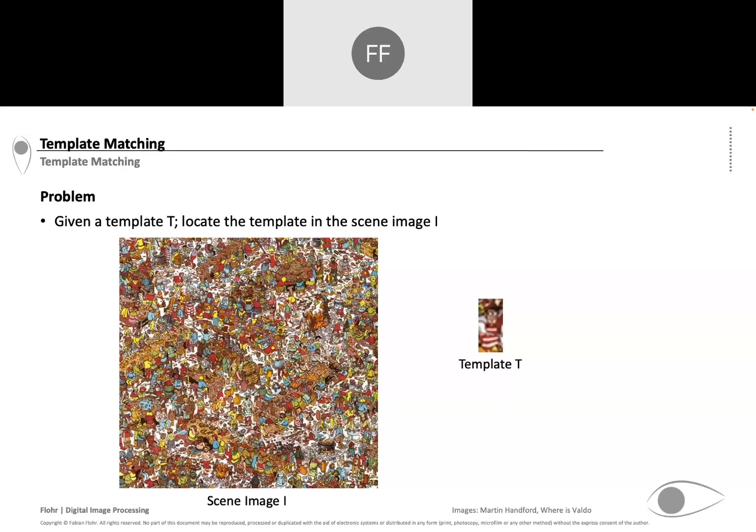And let's say, okay, we have now a cutout of what we are looking for, which is our template T, and we want to find it in this scene image I. How would you do that? Do you know the term for that?